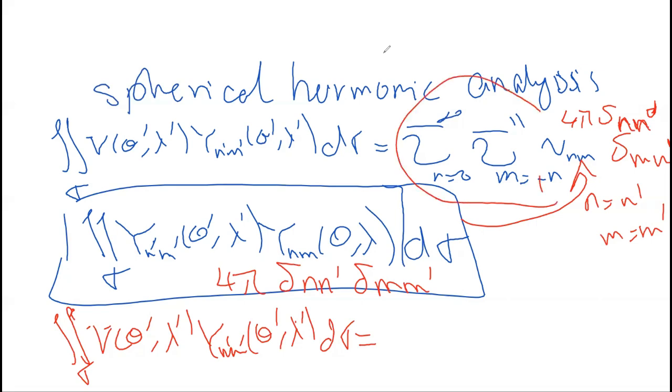Then I can simply write V_n'm' times 4 pi. So we are almost there.